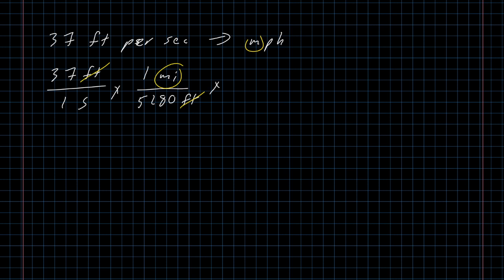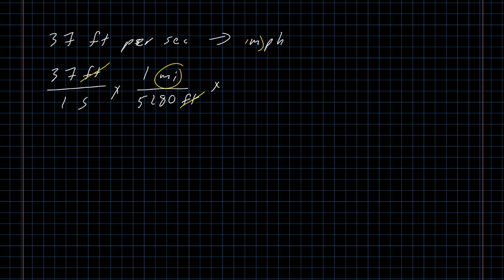Then, if you know offhand that 1 hour is 3,600 seconds, you can do this in one go, but I'll write it out in 2 steps. I know that 1 minute is 60 seconds, and I know that 1 hour is 60 minutes. And why did I set that up like that? That's not what I need.